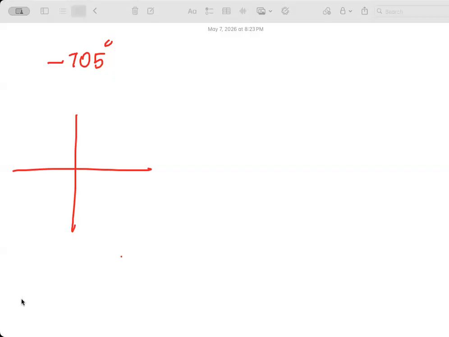Minus 705 is an interesting question. I want the related angle as well, meaning 0 to 360 degrees. Between 0 to 360 degrees, how can it be expressed?